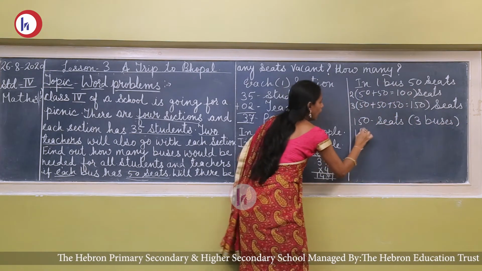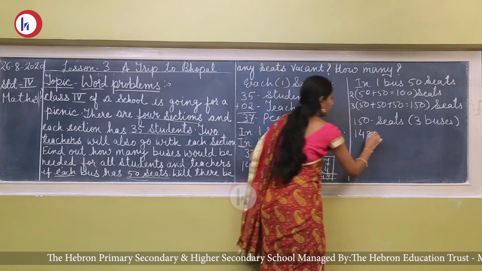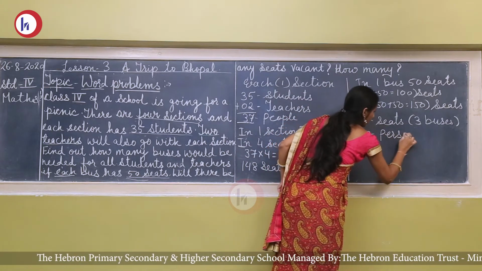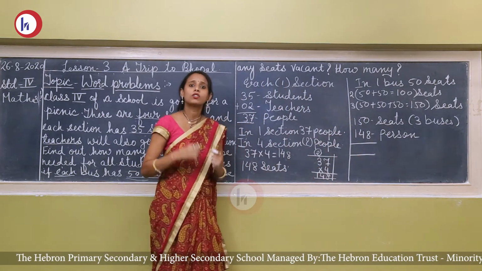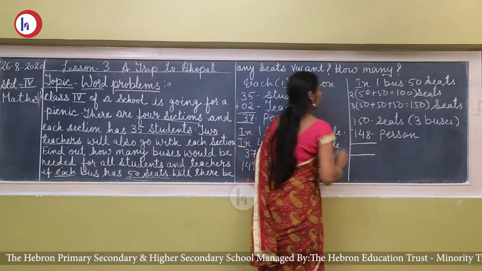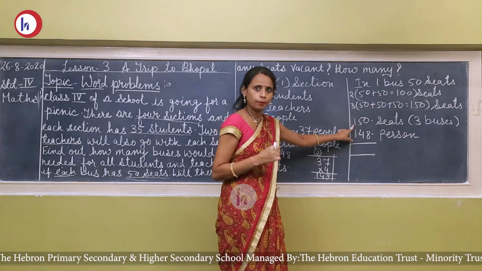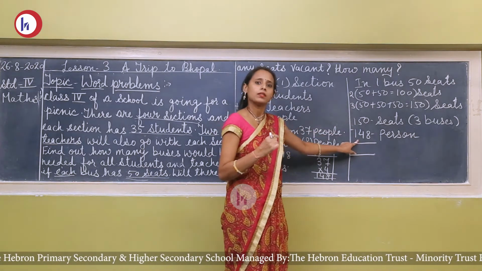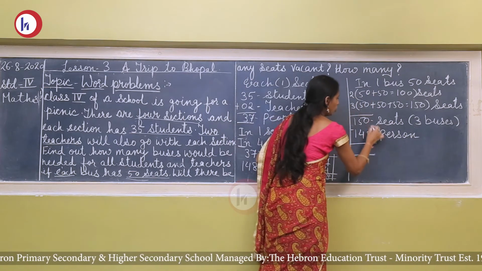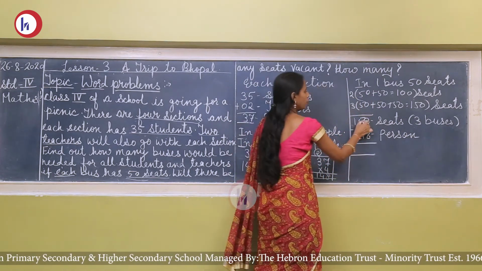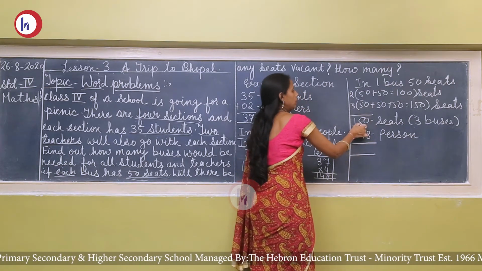And we have how many people? 148. So how many seats will be vacant? We have to find out. 150 seats are available and 148 are needed, so we have to do subtraction here. 0 minus 8 is not possible, so we have to borrow from the next one.